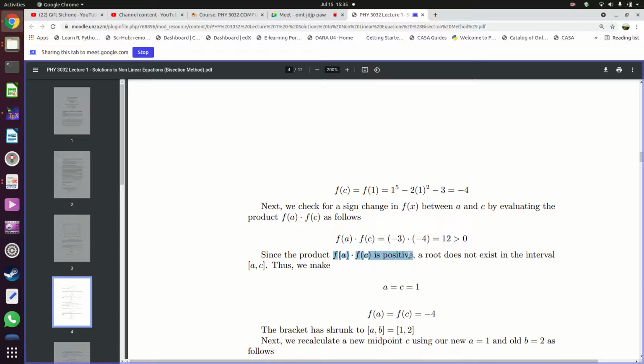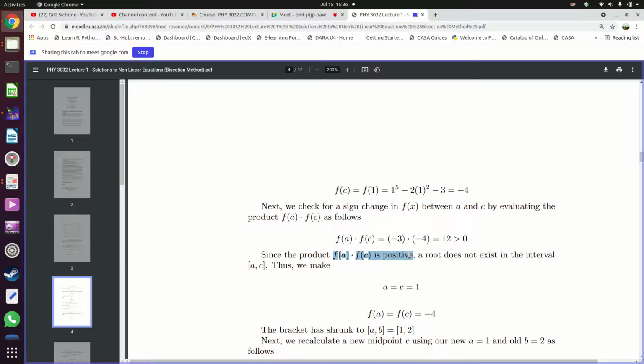If there is no root between A and C, then we can make C become our new A. We move the lower bracket A, which was at 0, to C. That's how the shrinking is done.